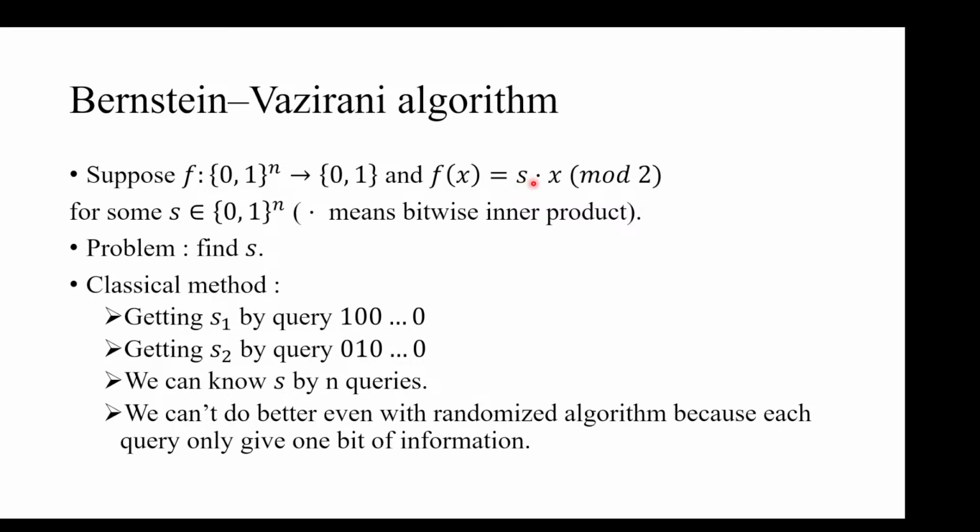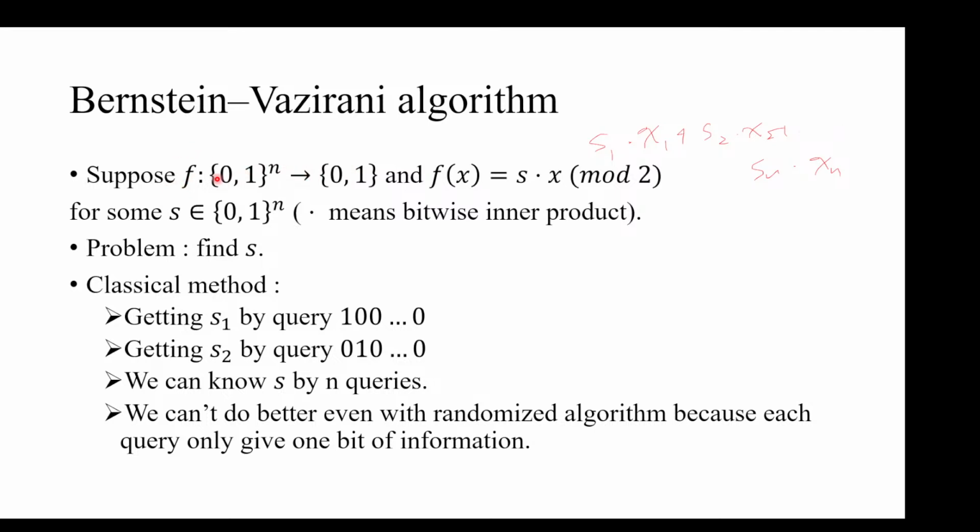So it's s1 times x1 plus s2 times x2, and so on, all the way to sn times xn. The output has this really particular form.